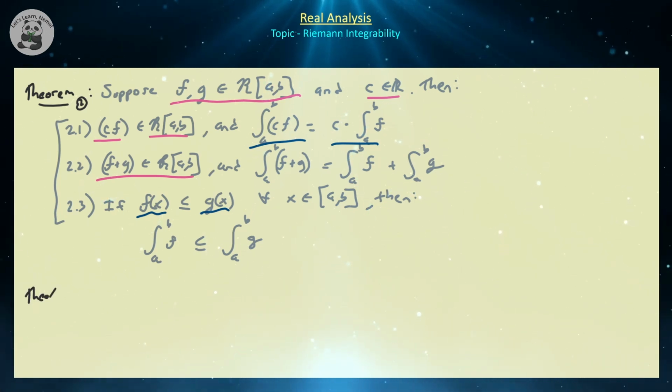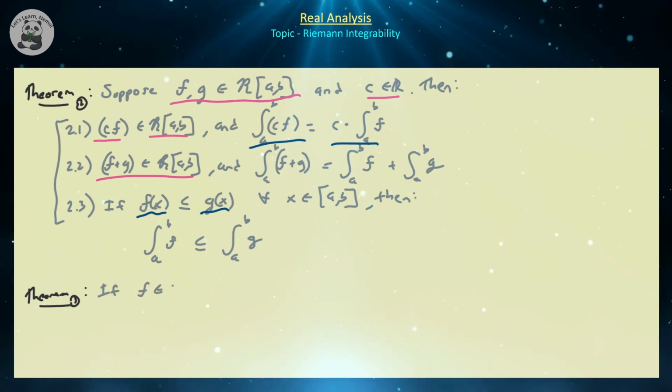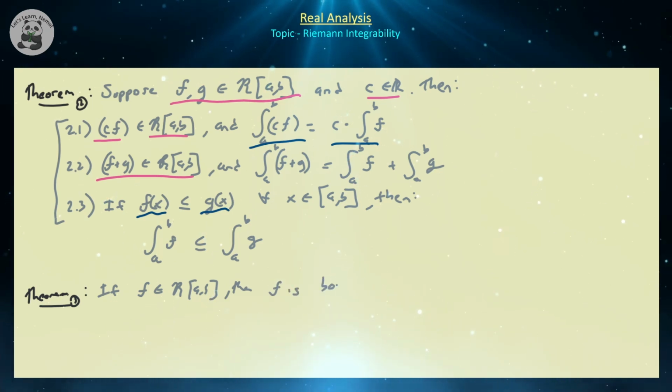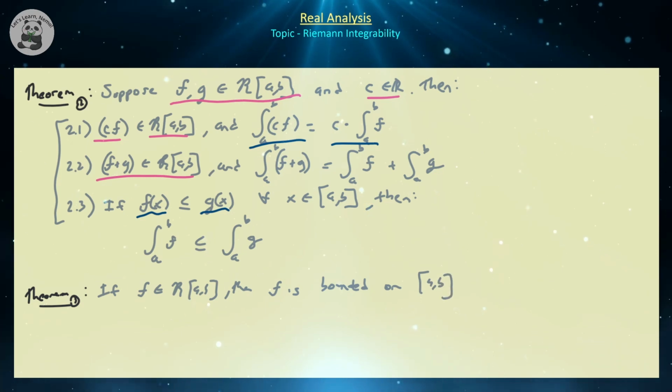Another theorem that I want to mention, and the proofs of these are actually pretty straightforward as long as you stay close to the definition. If f is a Riemann integrable function, then f is bounded on [a, b].